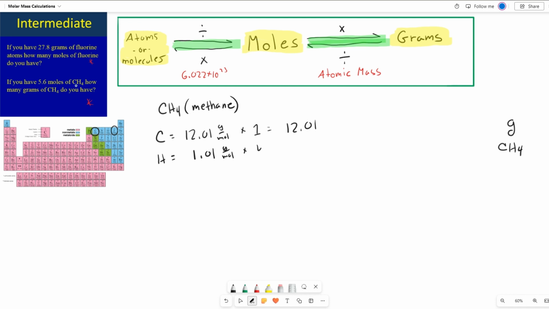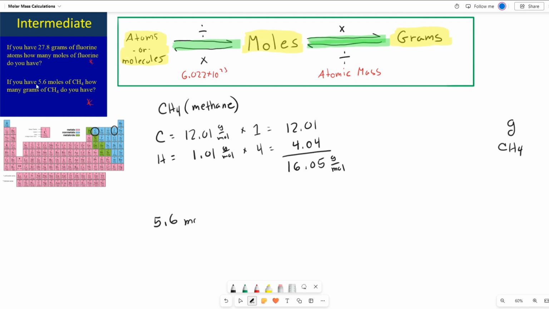And we have 4 of them. So that will lead to a total contribution of 4.04 to the overall molecular mass. And if we add these two together, we get a formula mass or a molecular mass of 16.05 grams per mole.